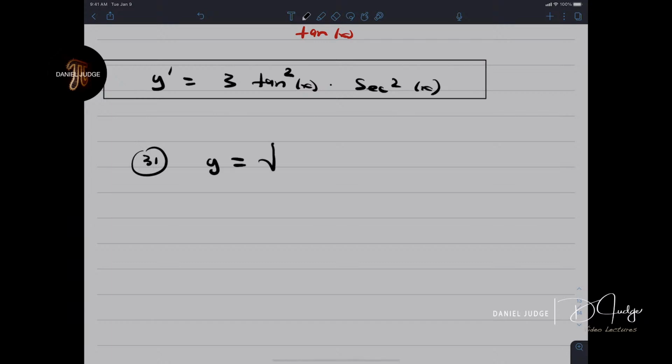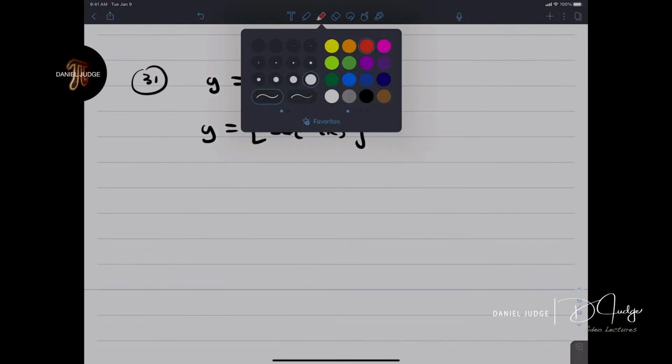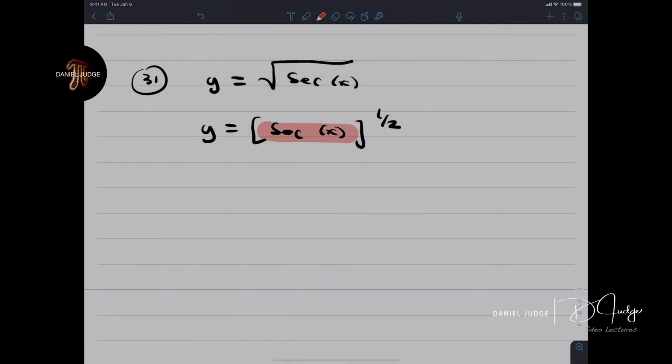Y equals the square root of secant, which is y is secant raised to the 1/2 power here. The inside function is secant. So this is my u. So we'll say u is this secant function.